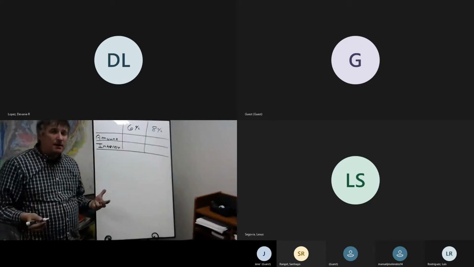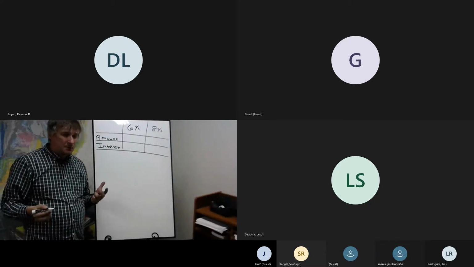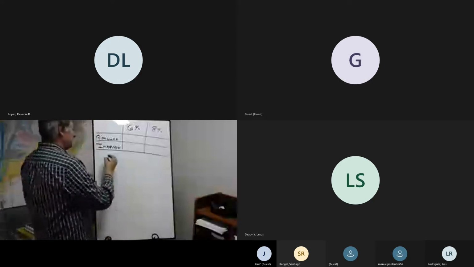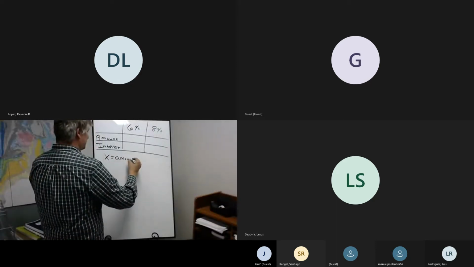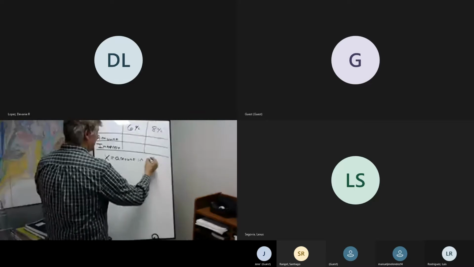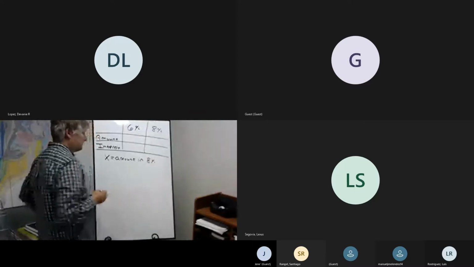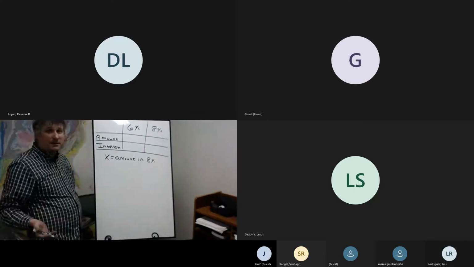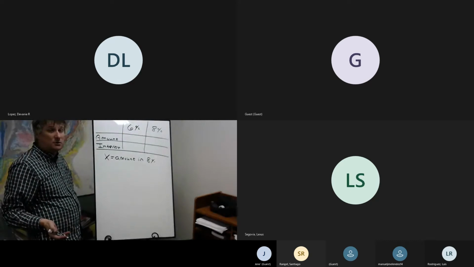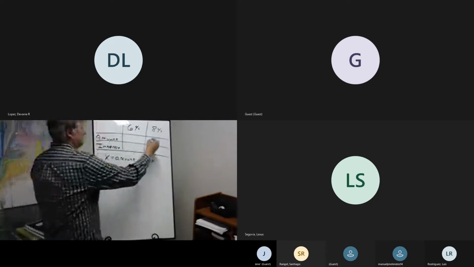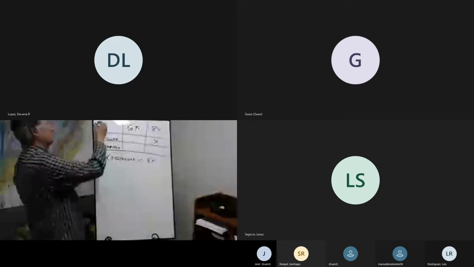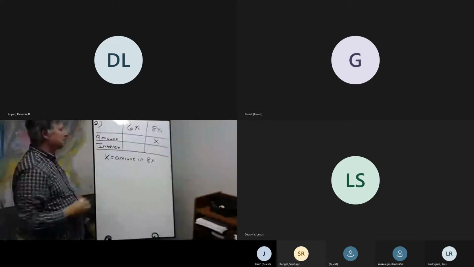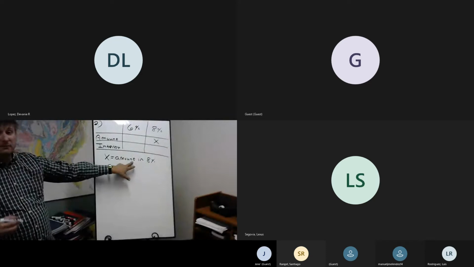We don't know anything about what's in the 8% account. So we'll let x be the amount in the 8%, because we don't know anything about that. And that's the first thing we want to do with step 2. So that's going to be our x. To reiterate, this is our step 2 here, so we want to give that amount a variable.